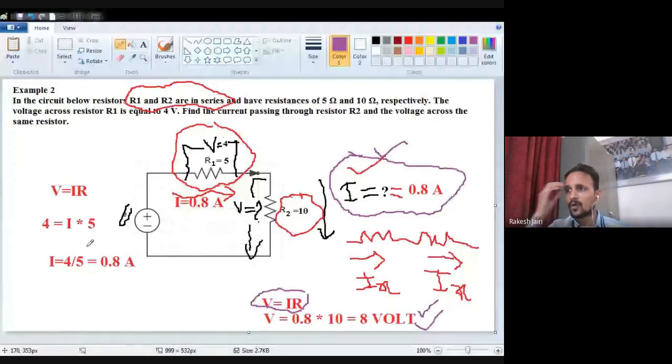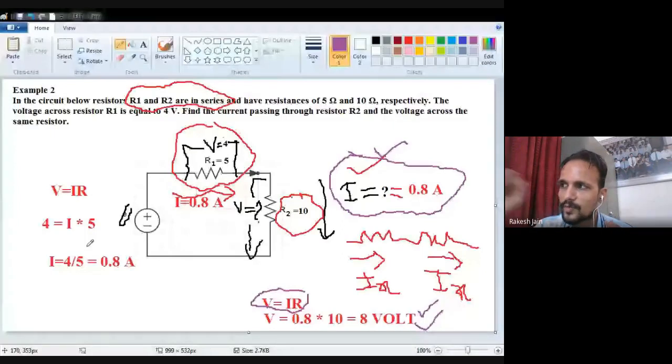Okay, now I'm going for the third numerical, on our next topic, resistivity. In the laboratory, in all practicals, we put this kind of example.